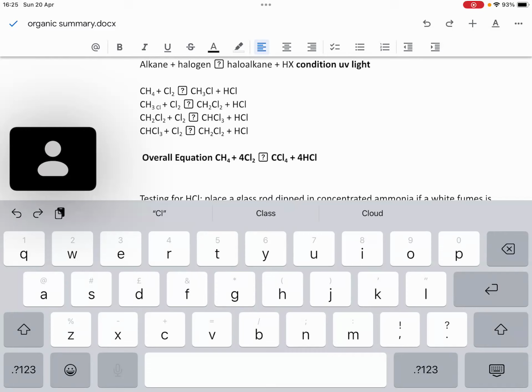Then we start with CHCl3 and add a new chlorine. And then we end up with carbon tetrachloride.